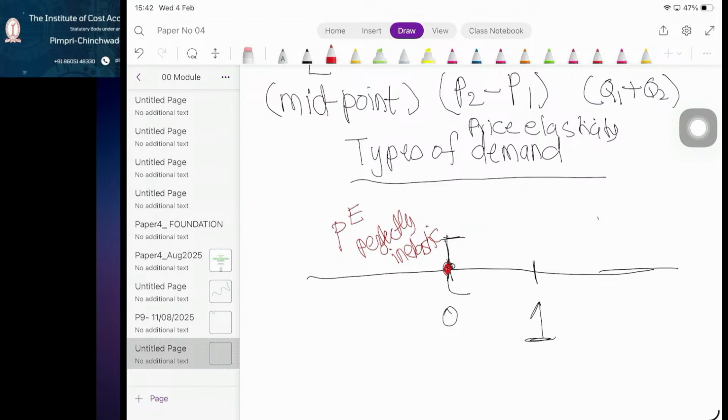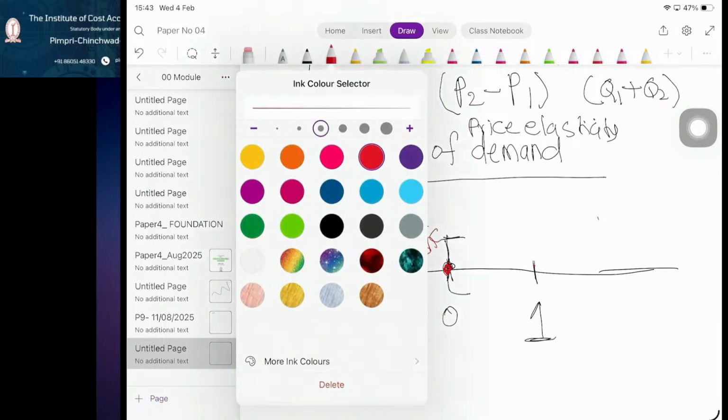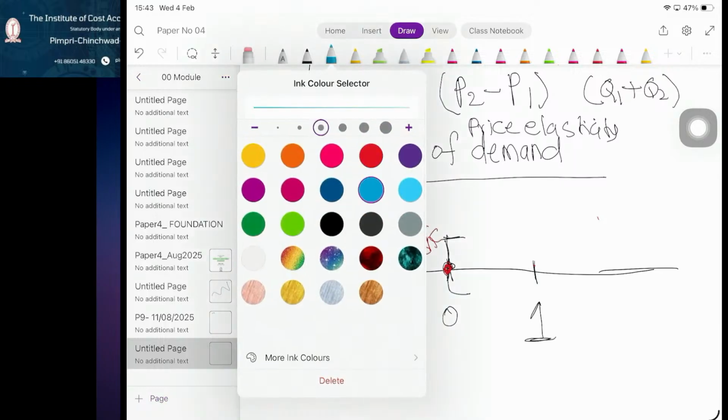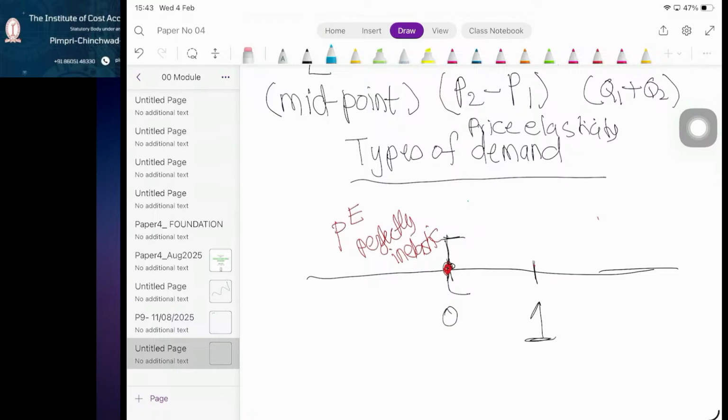Brilliant. Okay. Now what is this? Elasticity equal to 1? Correct. This would be called unit elastic. And what are the others?